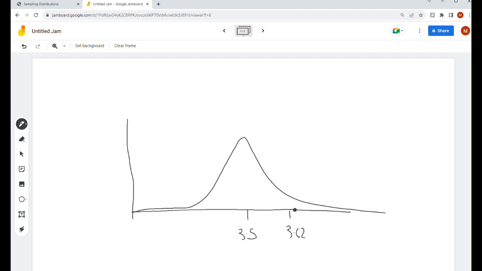Somewhere here, we don't know exactly what part, but basically this area, whatever percentage of the sampling distribution lies beyond 3.62. So how do we do this? I'm assuming that you guys have already studied how to solve normal distribution problems, so it's very similar, right? So we calculate the z-score, which is basically how many standard deviations 3.62 is away from 3.5.